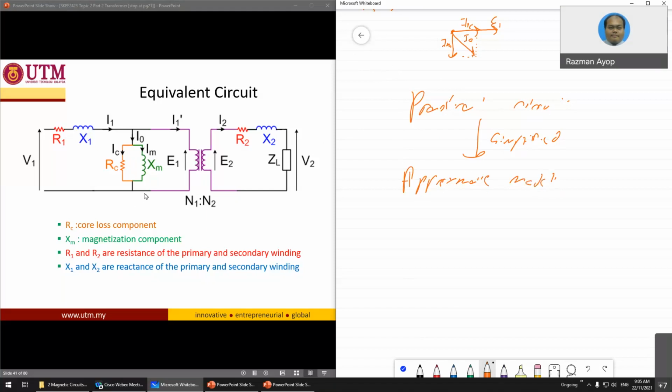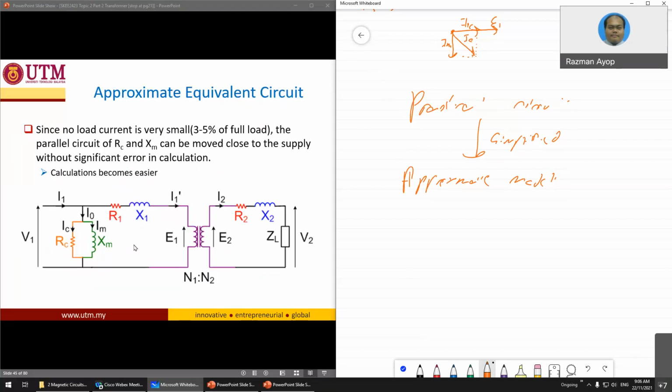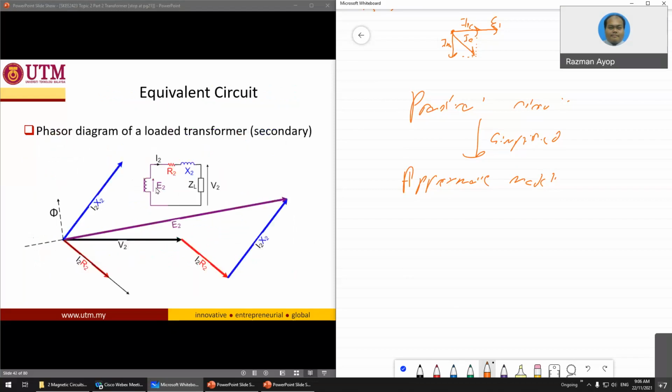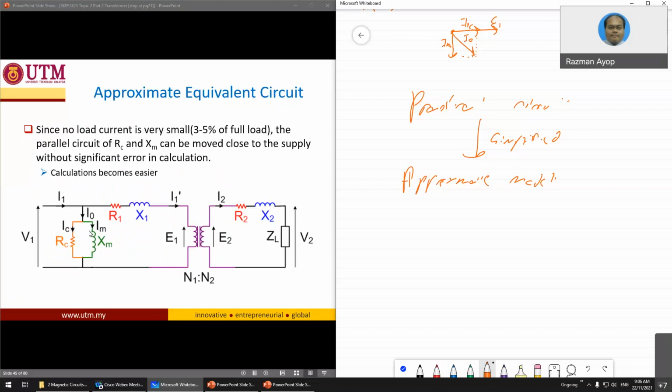What is done is basically you just move the primaries here. You can see here the RC and LM are at the middle. Now it is moved to the left side. That's it. This is the approximate equivalent circuit.